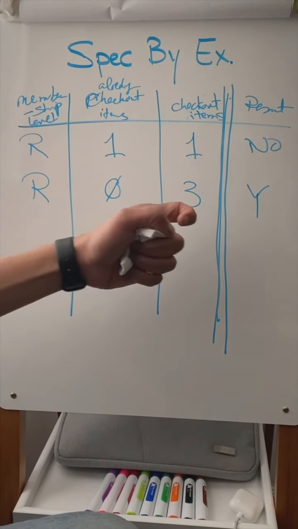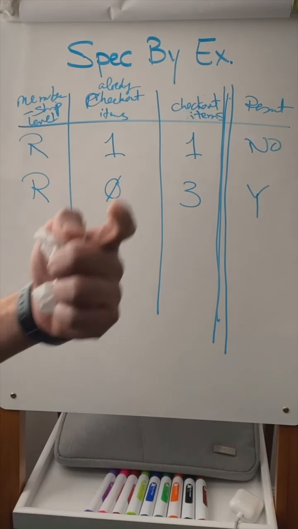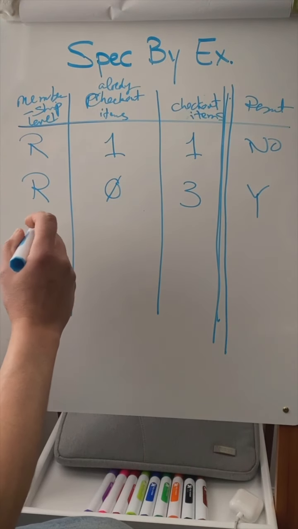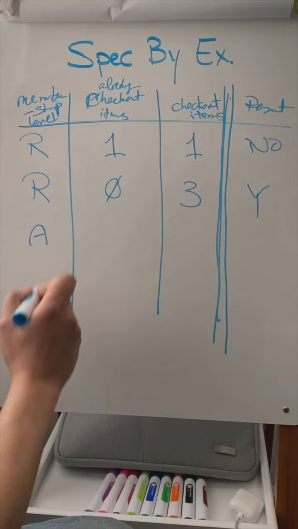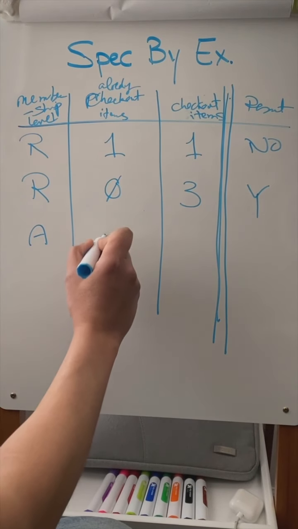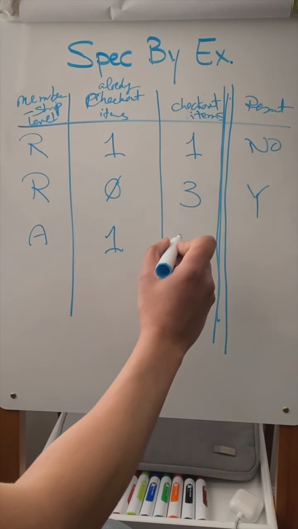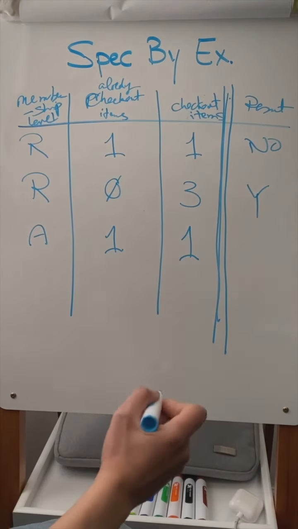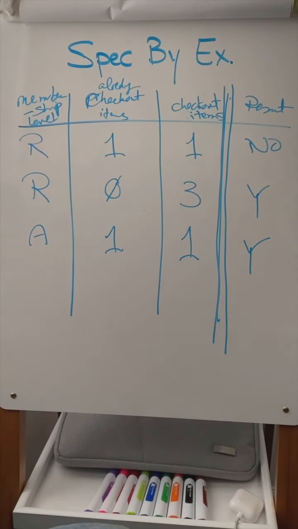So maybe you can check out 3 as long as you don't have anything at one time. If you are an advanced member and you have one checked out, you can check out, yes. So you can start listing the scenarios and cases.